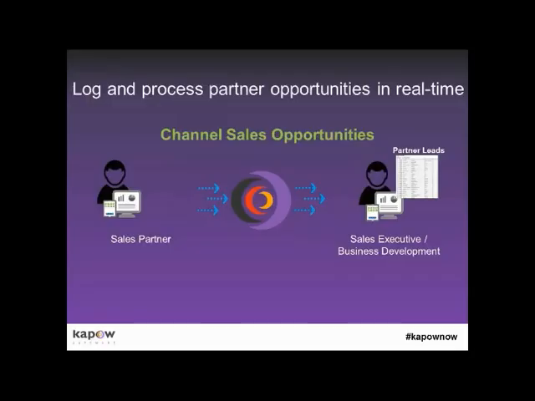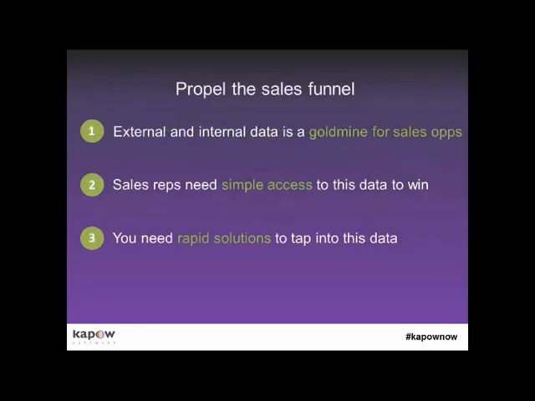So what's the takeaway? Well, we really do think that Kapow and its ability to be agile and connect to just about any web application or data source is a very important and very powerful product to use to automate your process.